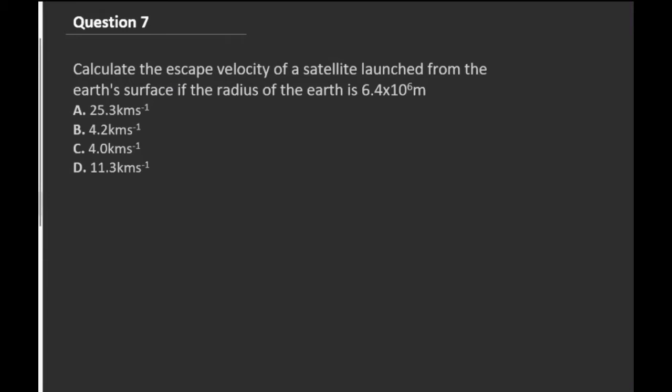Escape velocity equals the square root of 2 times acceleration due to gravity times the radius of the Earth. This is the formula for calculating escape velocity.